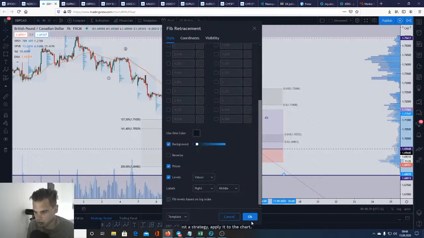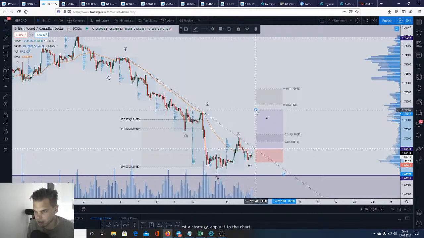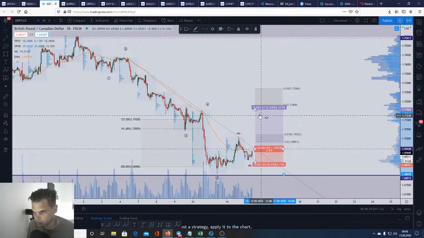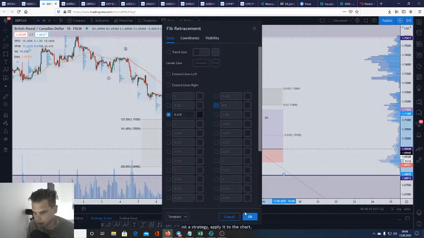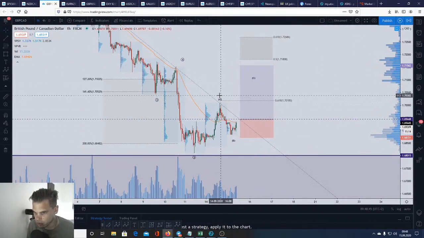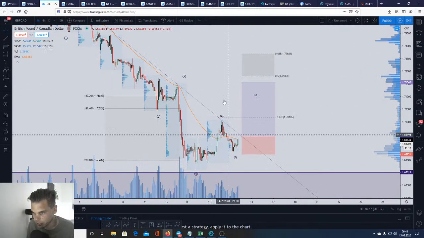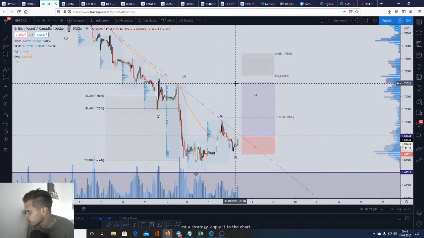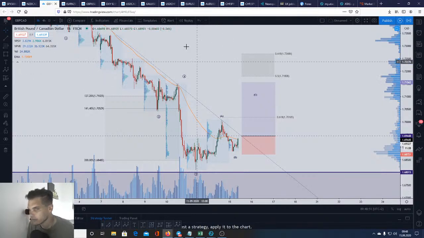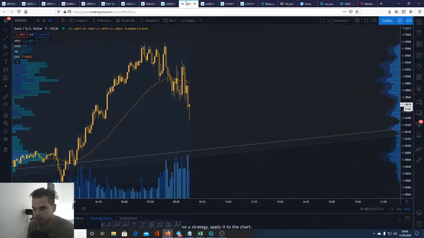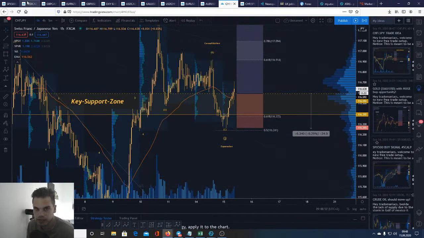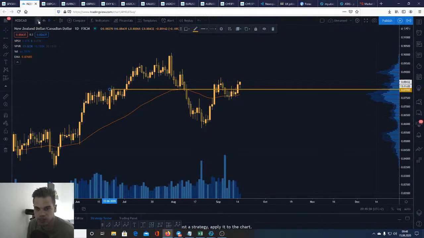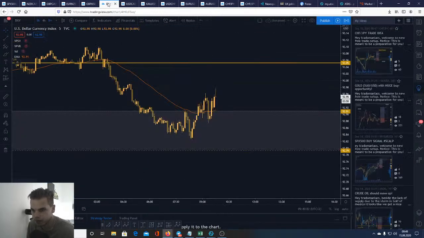Now looking at this, you see the market has tested the 61 retracement here already. Almost. And when you see such a drastic move away, it's not a good sign. Oh, look how shaky the market is, man. Wow. Yeah, because of that thin liquidity I've just shown you.